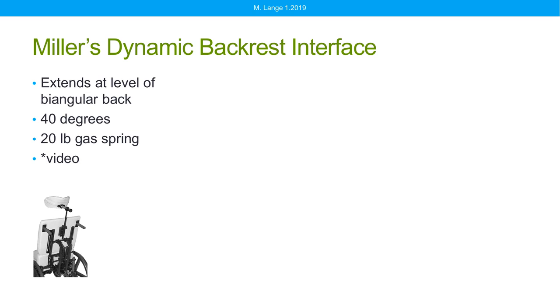This is the Miller's dynamic backrest interface, and it extends at the level of the biangular back. This back here is called a linear back because it's flat. But right in the middle of it, there's this line here. It's called a biangular back because we have two different angles.